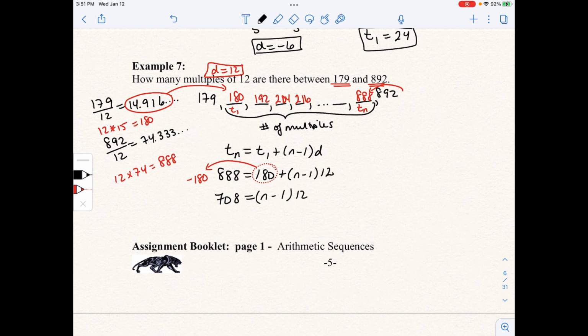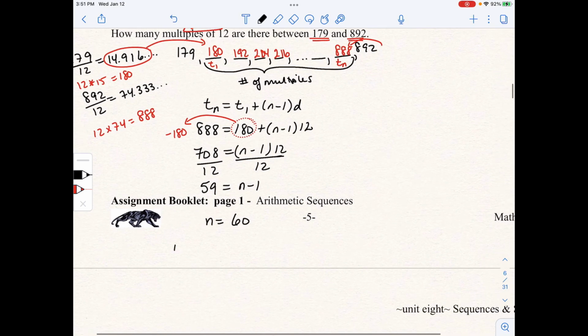And divide by 12. So n minus 1 is 59. So n is 60. There are 60 multiples of 12.